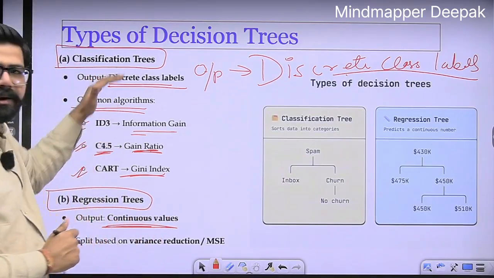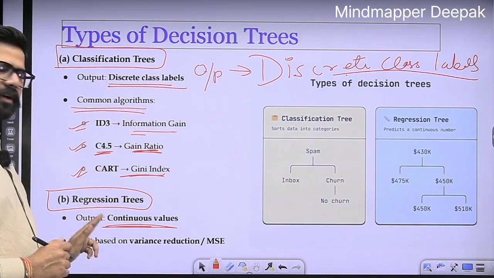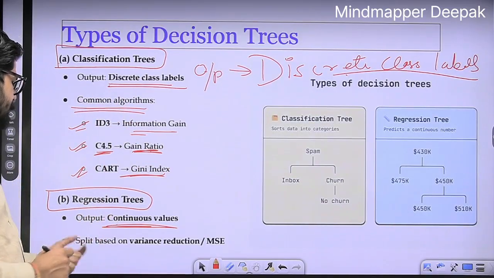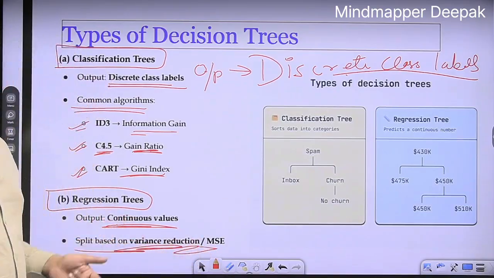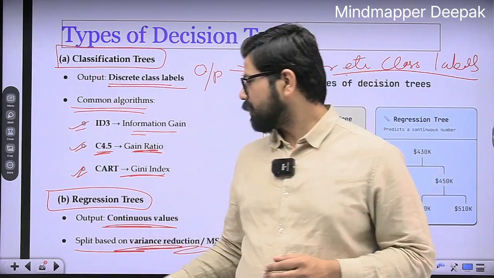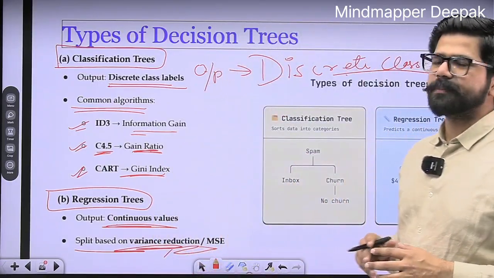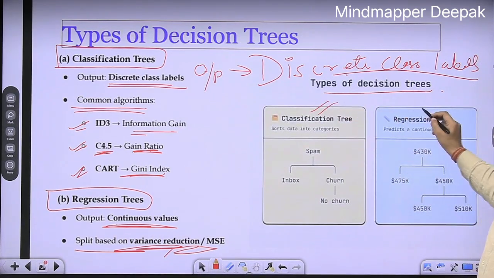How are these two classified? Classification is discrete, regression trees where output is continuous. Splitting is based on variance reduction and the MSE, mean squared error. I hope we have already discussed in the previous videos what is the variance and what is the MSE. Here, type of a decision tree, that is the classification tree and the regression tree.